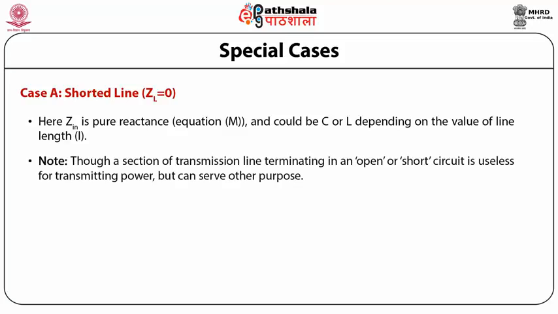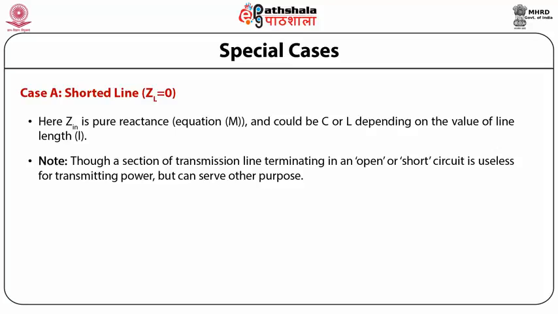Now it should be noted over here that though a section of transmission line terminating in an open or short circuit is useless for transmitting power, it can serve other purposes. Such a line can be used as an inductive or capacitive reactance or even as a resonant circuit.